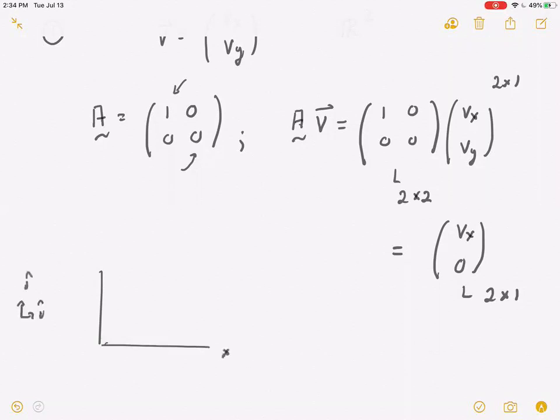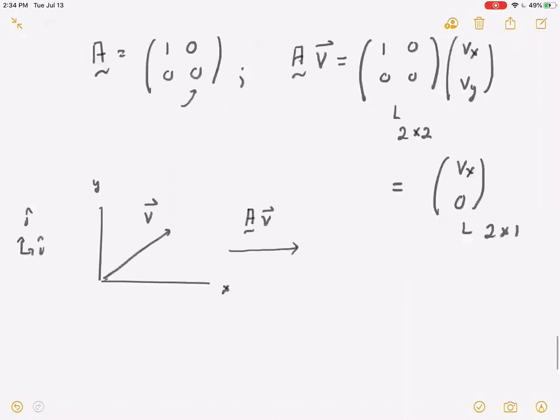So here's my x-axis, here's my y-axis, and here's my vector V. So what's happening here is that when my specific matrix in this problem, A, acts on V, it does something to it.